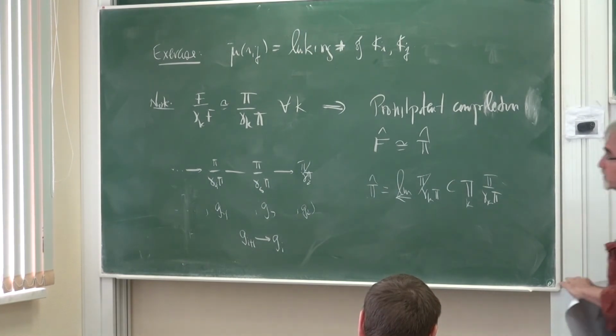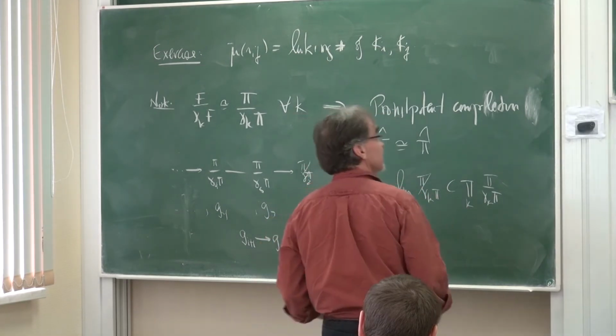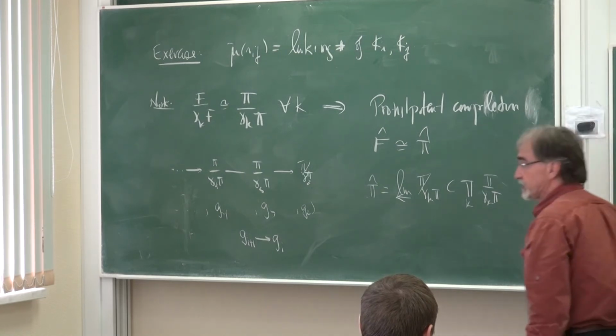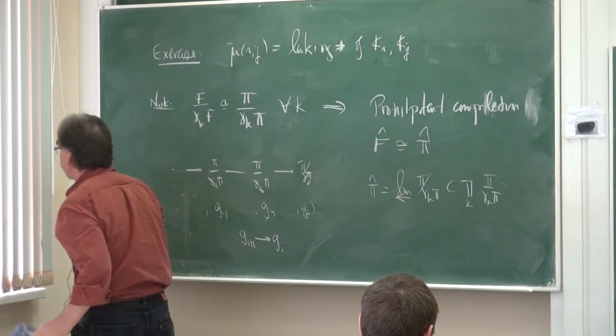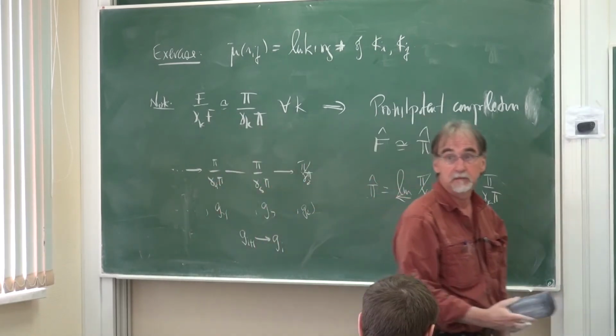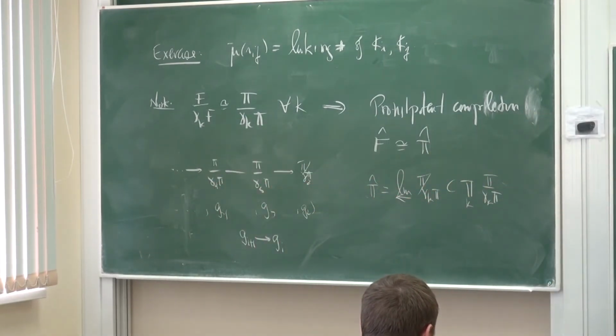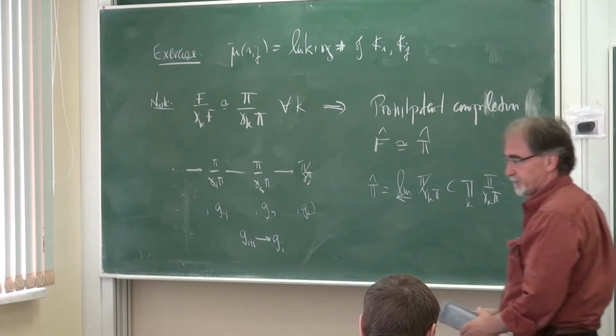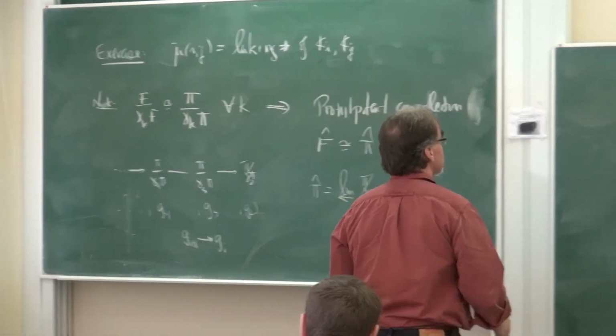Now, Stallings proved in the 1960s that Milner's invariants are concordance invariants. They're not just link invariants, isotopy invariants, but they vanish on slice links.